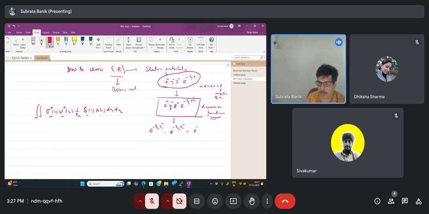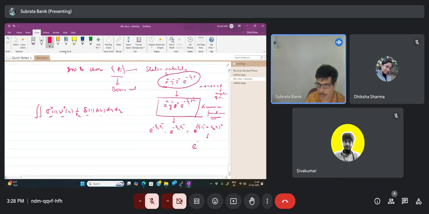You get the exponential of minus epsilon 1 r1 squared minus epsilon 2 r2 squared. This can be done in a new coordinate form.